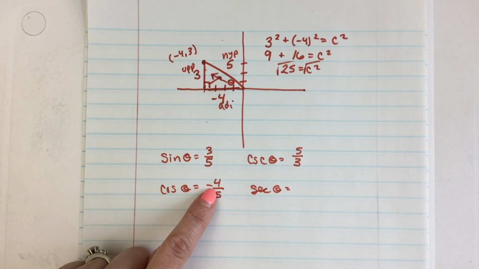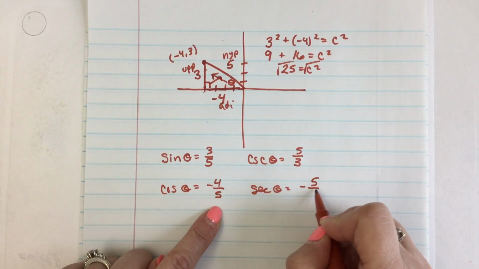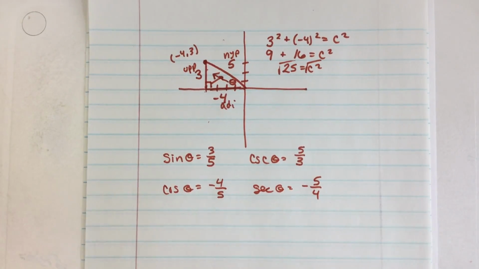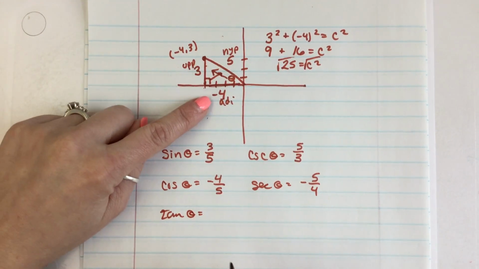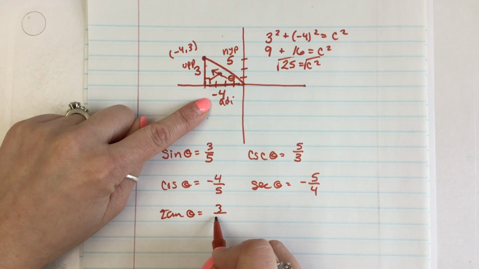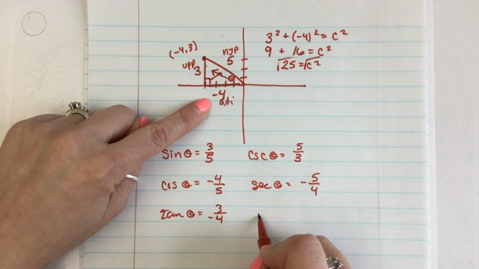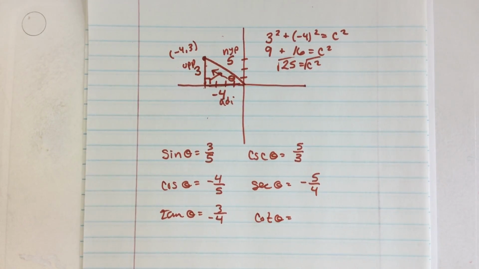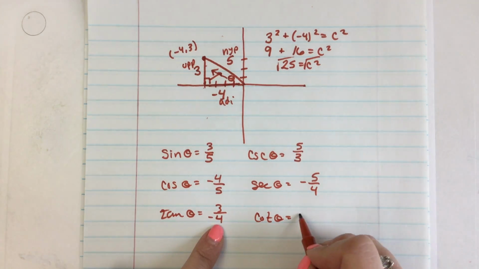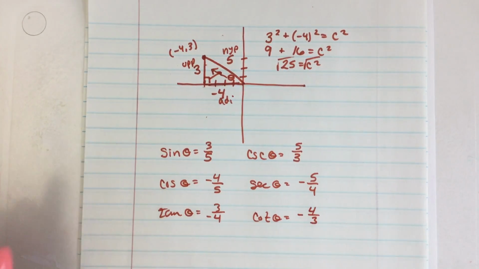So if the cosine is negative 4 over 5, the secant is negative 5 over 4. Your tangent, tangent is opposite over adjacent, so it's 3 over negative 4. The cotangent is the reciprocal of the tangent, so it would be negative 4/3.